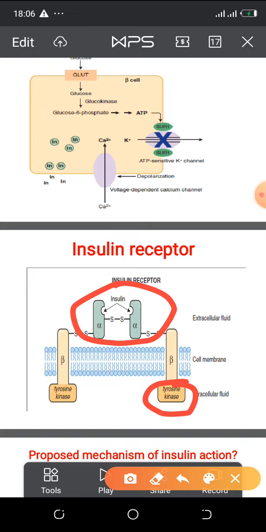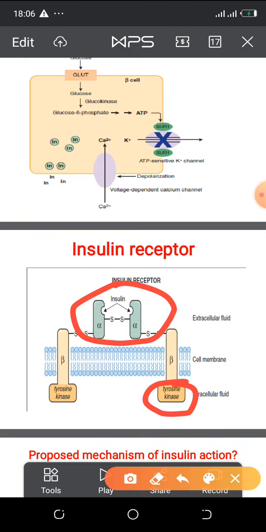If you hear the word kinase, it means there is a phosphorylation taking place, addition of a phosphate group, and we know phosphates are associated with energy. So tyrosine kinase is an enzyme that activates nuclear transcription factors by phosphorylation.